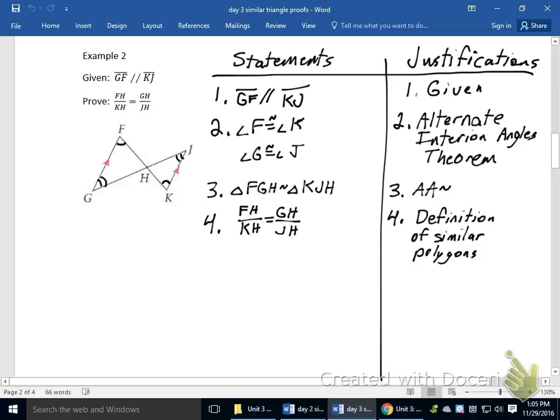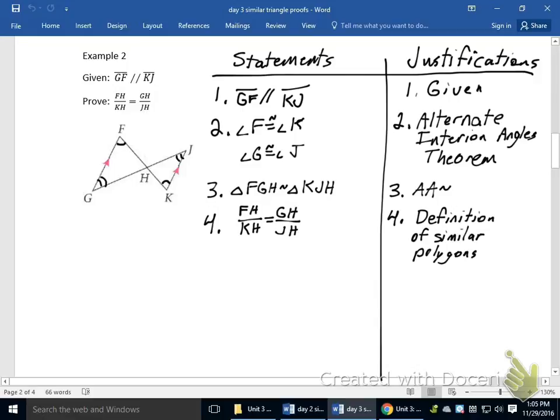Here, that phrase would not work, but what would work is writing out that corresponding segments of similar triangles are proportional. Writing a statement like that, you could actually write a sentence in there as a justification. And if that sentence is true, then I'm not going to argue with you. Really, though, you are just stating what the definition of similar polygons was.